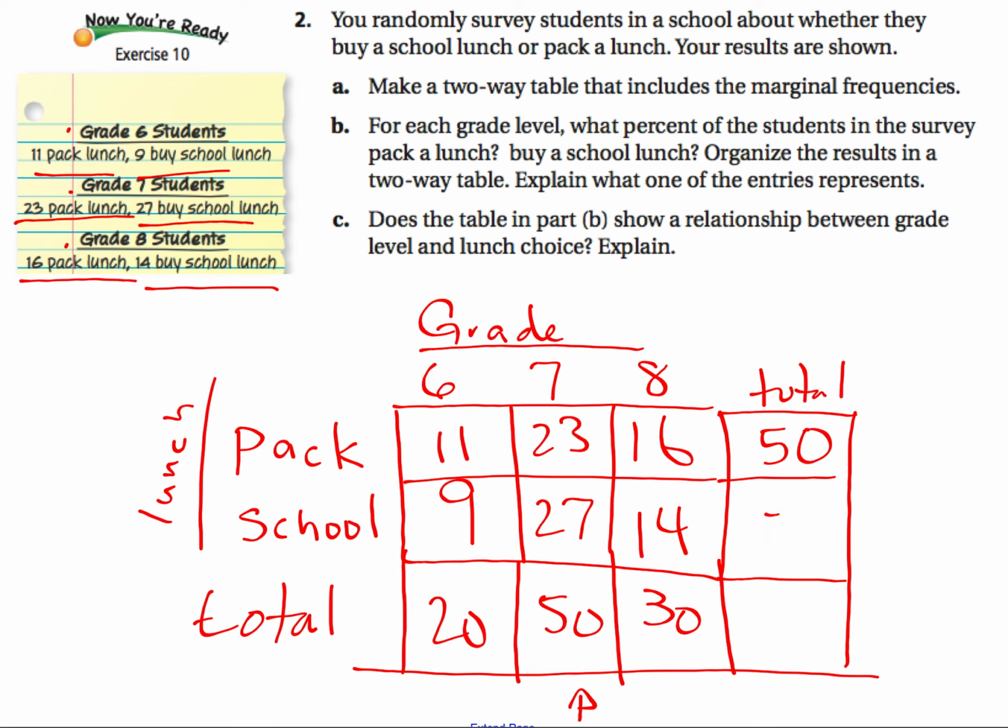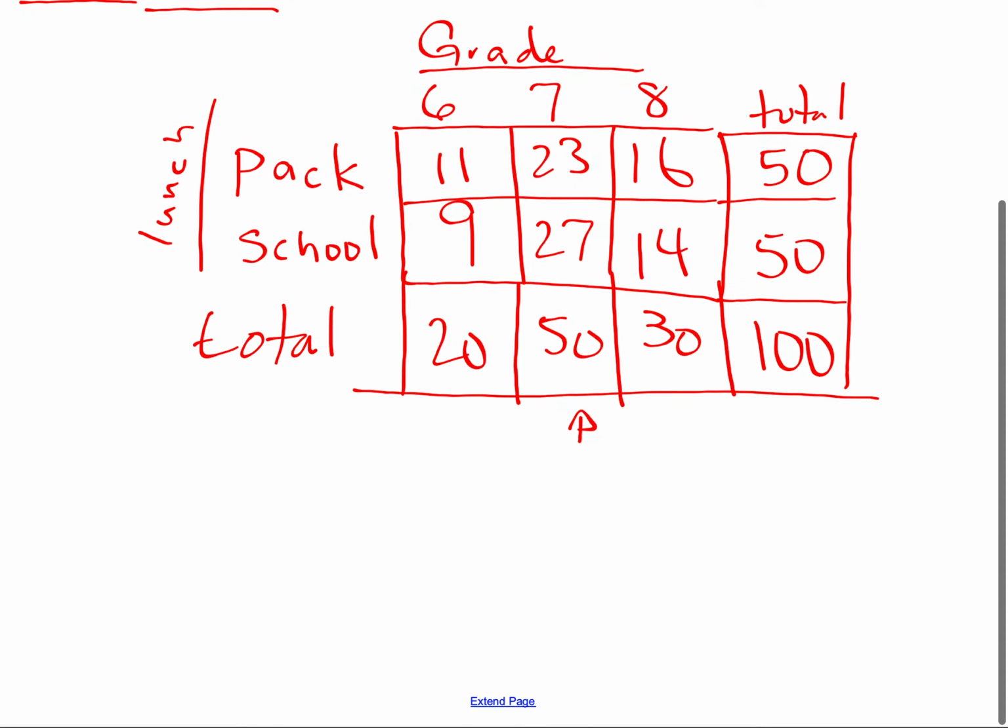For each grade level, what percent of students in the survey pack a lunch? Buy a lunch. Organize the results in a two-way table. Explain what the entries mean. Since we are doing percentages of the grade level, this would be perfect for a two-way relative frequency by column.